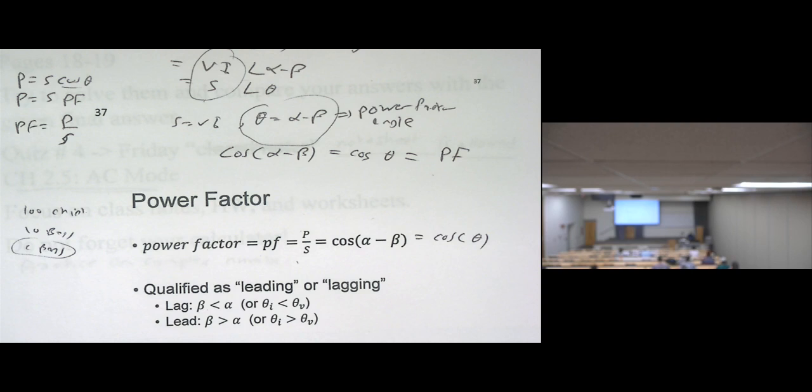So here is the definition: the power factor is an indication of how good my system behavior is, how I'm consuming the power. And you need to distinguish between the power factor and the efficiency. The efficiency is related to the losses, while the power factor is related to how the energy is divided between real and reactive power, useful energy or reactive power.